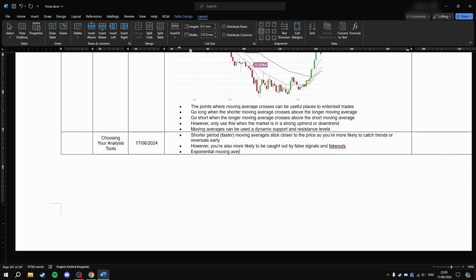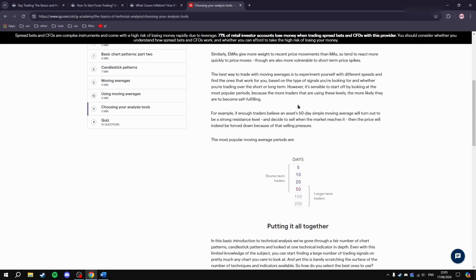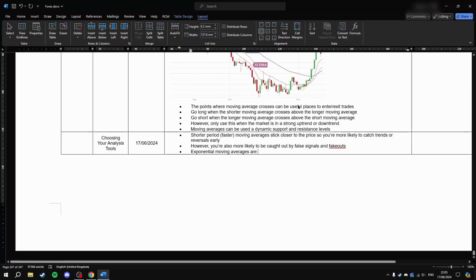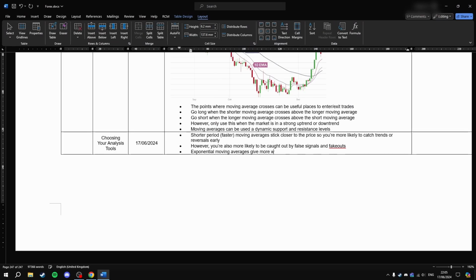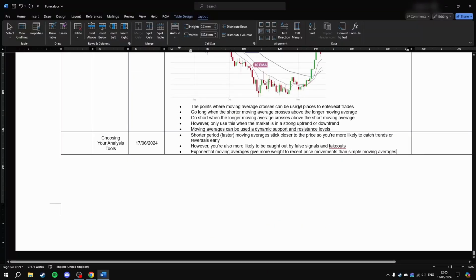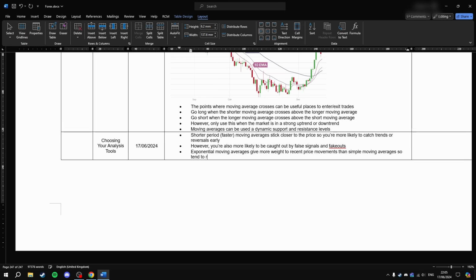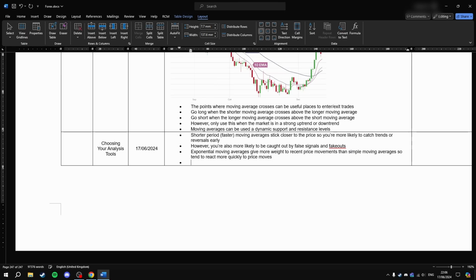Exponential moving averages give more weight to recent price movements than simple moving averages, so they tend to react more quickly to price moves.